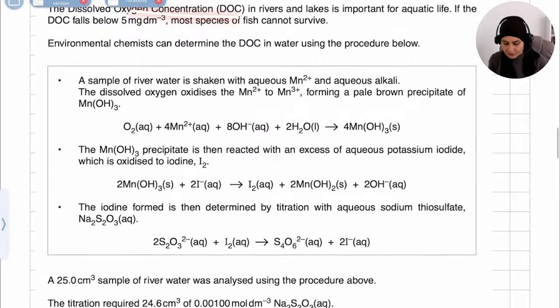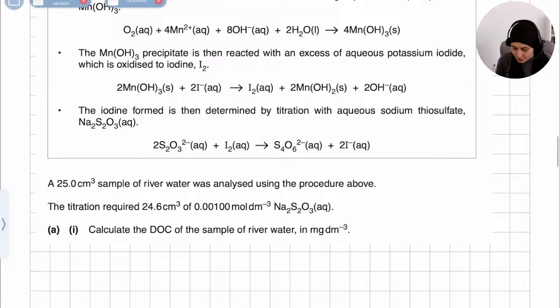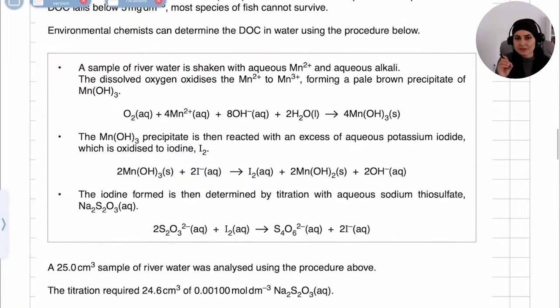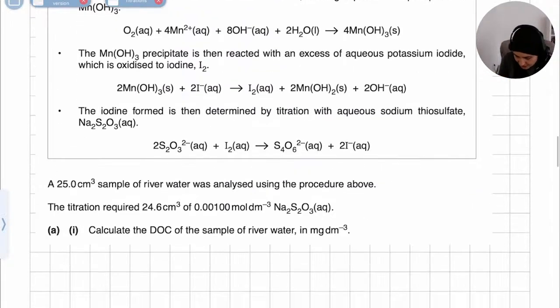So you need to find the concentration of oxygen in milligrams per cubic decimeter. So how do we approach it? Well, again, we scan, it's a lot of text, but you always need to spot the concentration and the related volume. Here, you see what they give us: the concentration of Na2S2O3 and its volume.